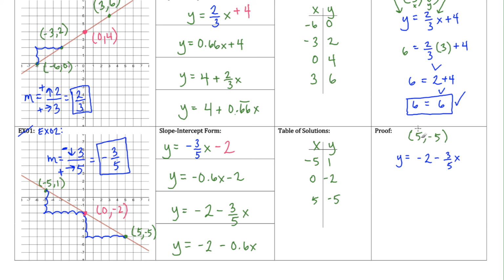Remember that this positive 5 goes right here, and this -5 goes right here. So -5 equals -2 minus 3 over 5 times 5.